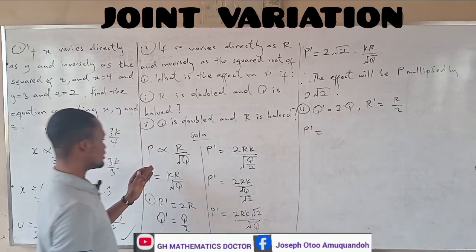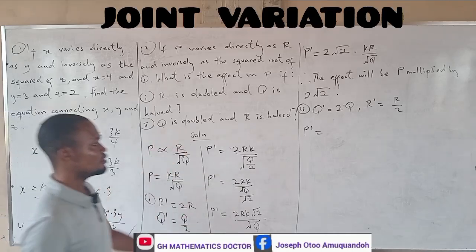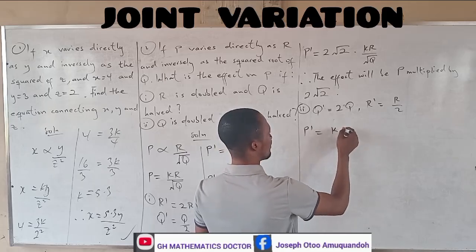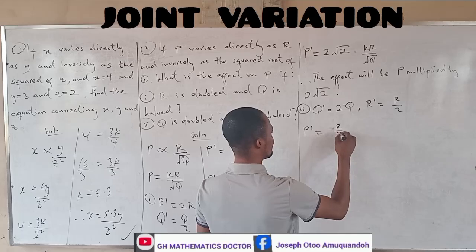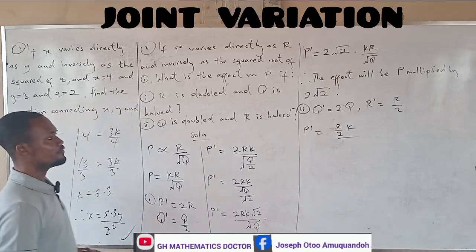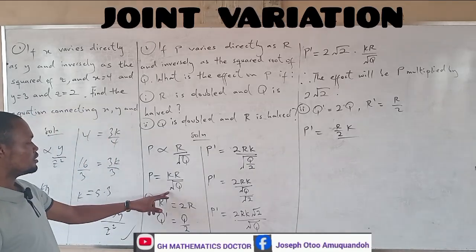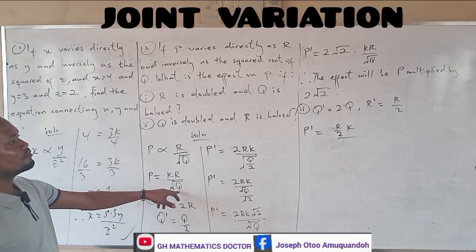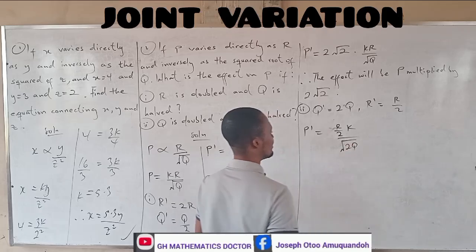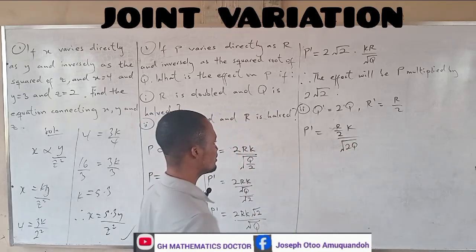So we have K times R over 2, then the denominator is root Q, and root Q is now root 2Q. So we need to further work to simplify this.